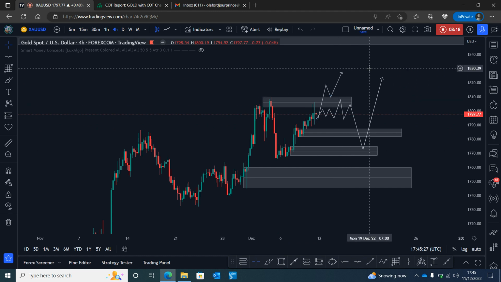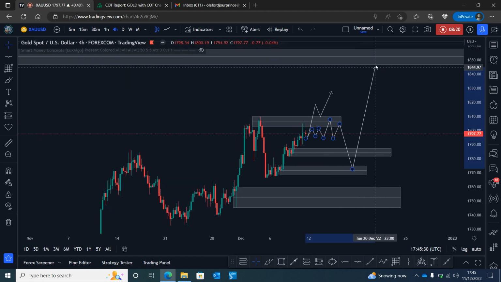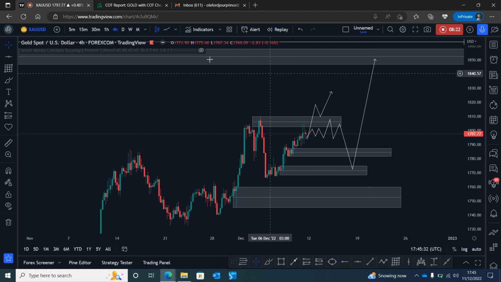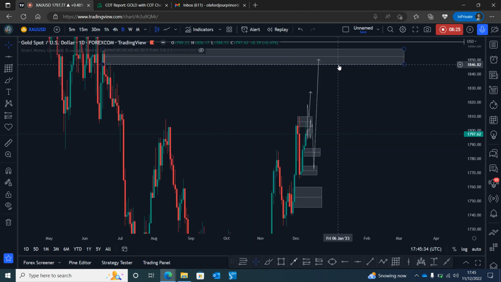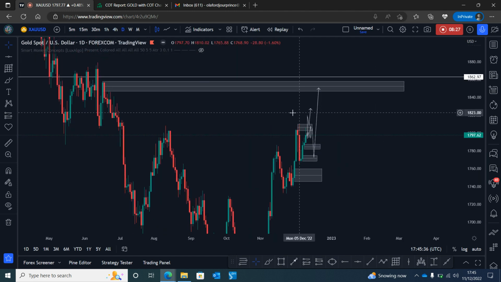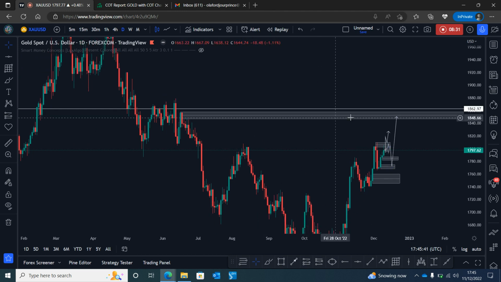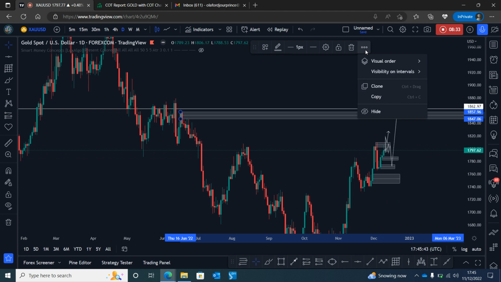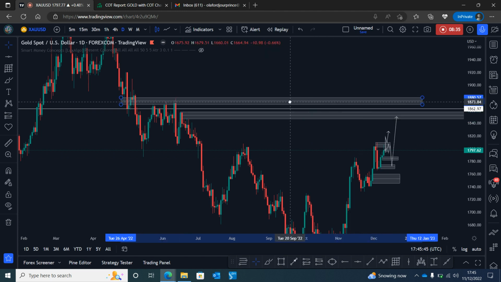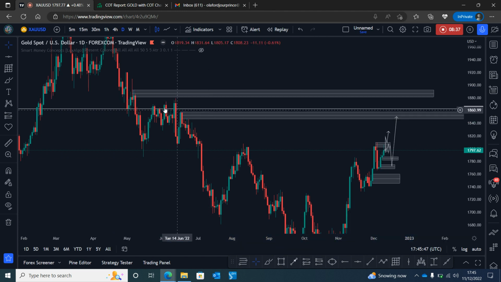But there is a confirmation that there's a continuation to the upside, which is going to be our target level that we have on the daily time frame, which shows where there's a lot of action in terms of price, or the areas that price action has for order blocks where there's high interest in the market.